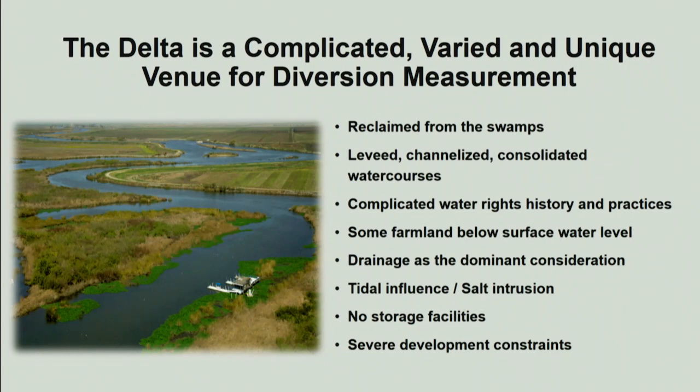In addition, the legal Delta is defined as the area where there is tidal influence. So unlike a lot of the upland farming areas, the Delta is determined by its correlation with the tidal influences from the Pacific Ocean and San Francisco Bay. And of course, one of the aspects of that is salt intrusion.